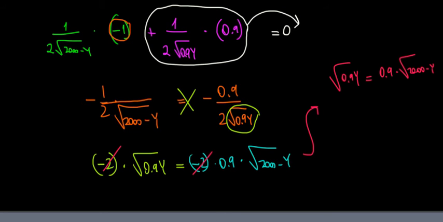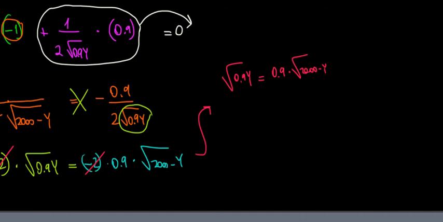Now with that said, what can we do? We can take both sides to the power of 2 to cancel out these square roots. So that's what we're going to do. We take the left side to the power of 2, and we take the right side to the power of 2 as well. The square root to the power of 2 cancels out, so 0.9 times y is equal to 0.9 to the power of 2. Well, that's just going to be 0.81 multiplied with 2000 minus y, right?